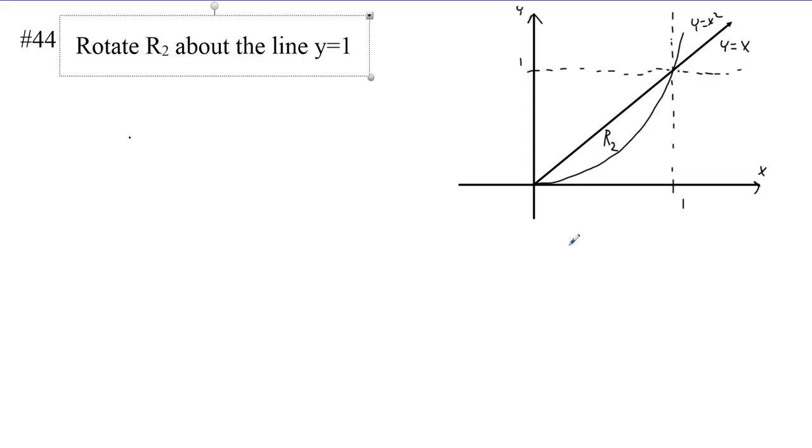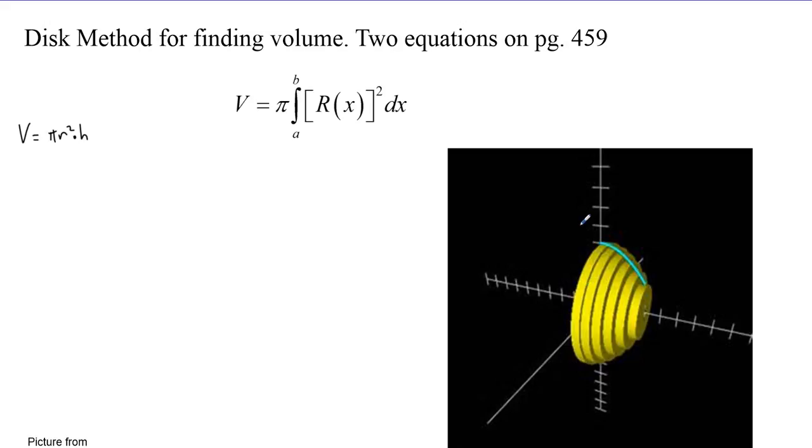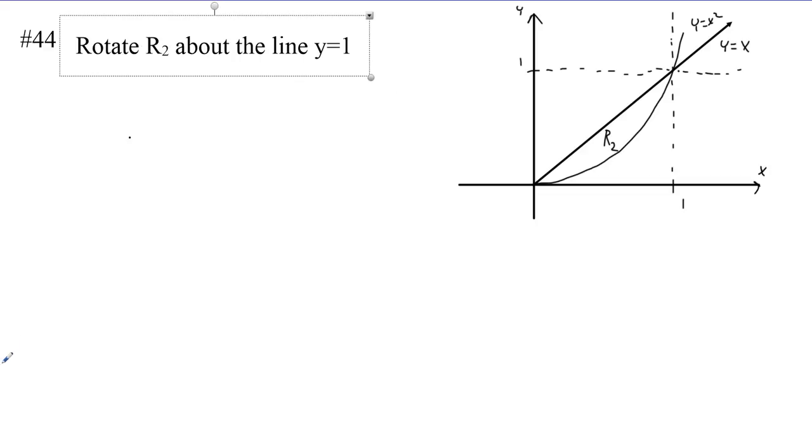The first question asked us to rotate about just the x-axis, and that's what most of these equations do. So we're going to have to do a little bit of manipulation of the function before we can do that.